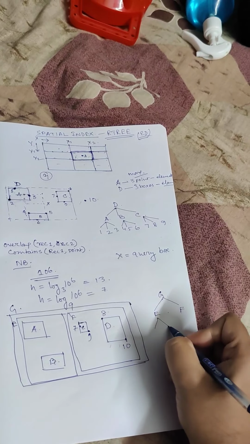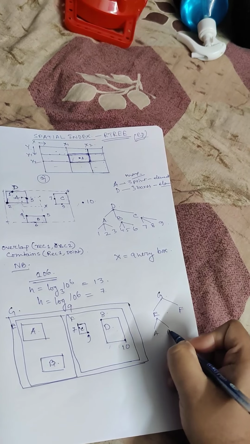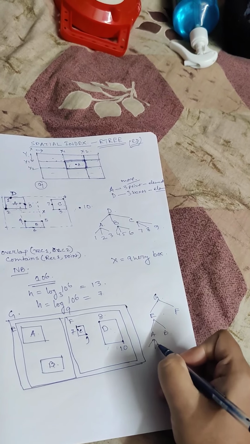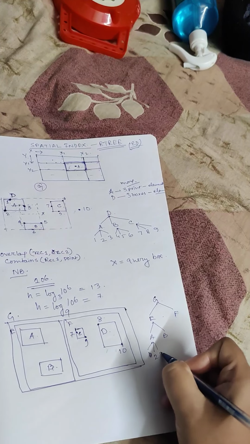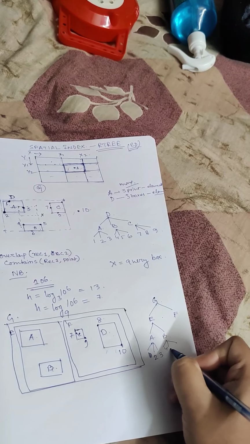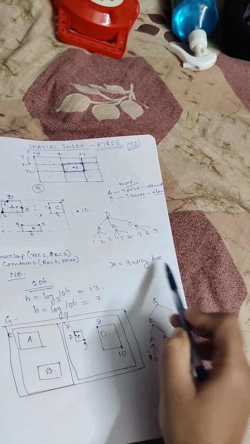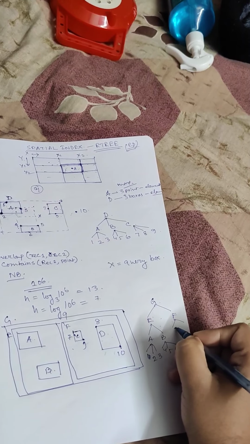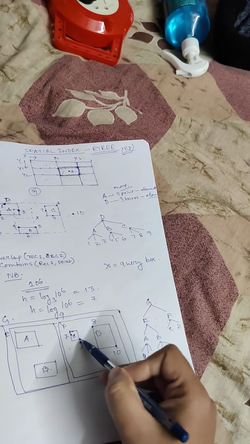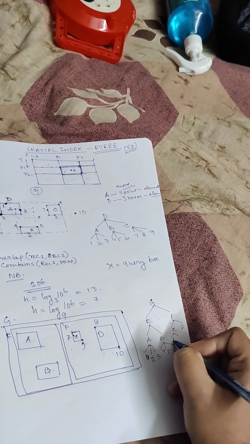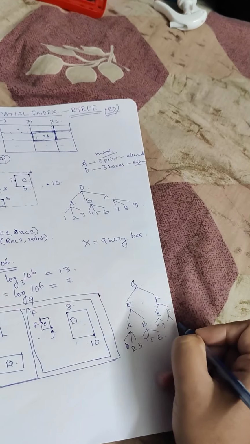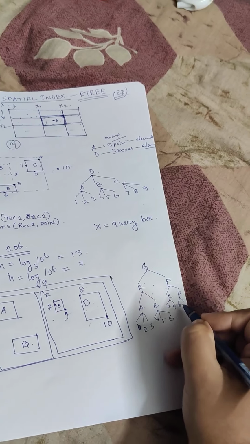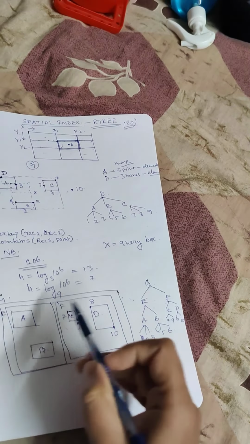E has A and B, which are not impacted, so A has 1, 2, 3 and B has 4, 5, 6. F has 2 boxes, C and D. C has only 7 and 9, and D has 8 and 10. So this is the new tree after the insertion.